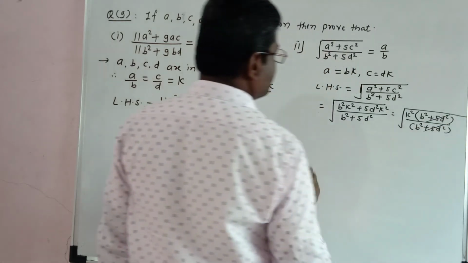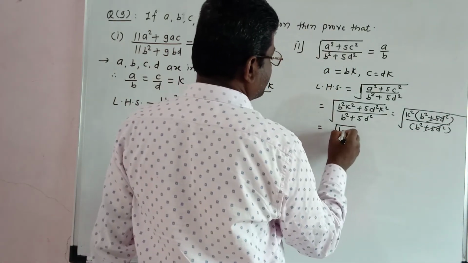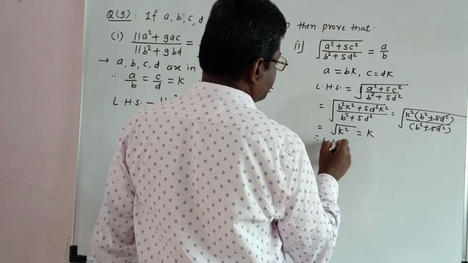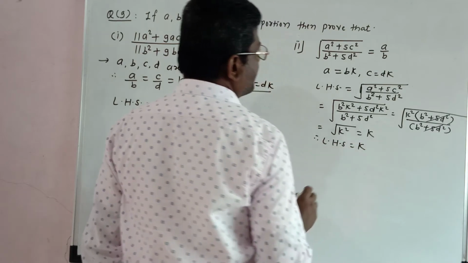This will cancel. Square root of k square is equal to k. Therefore LHS is equal to k.